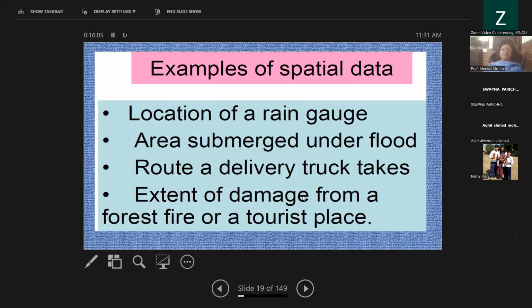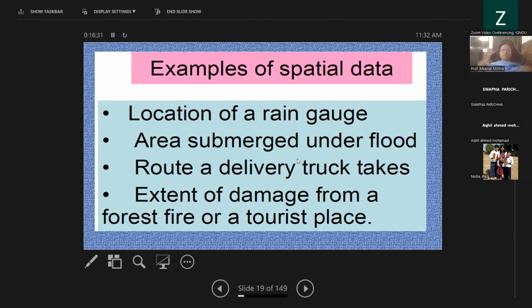Now, examples of spatial data. Spatial means something which is related to space, or you have some locational data. When you talk about the location of the rain gauge, that is spatial data because it is concerned with locational data.